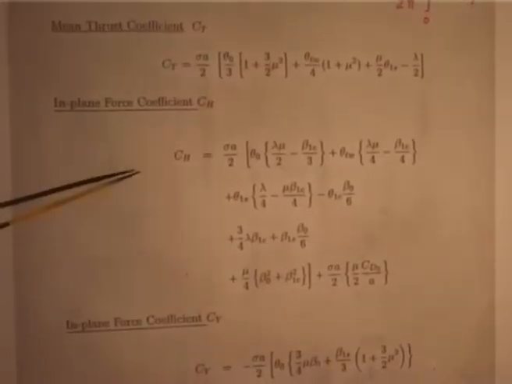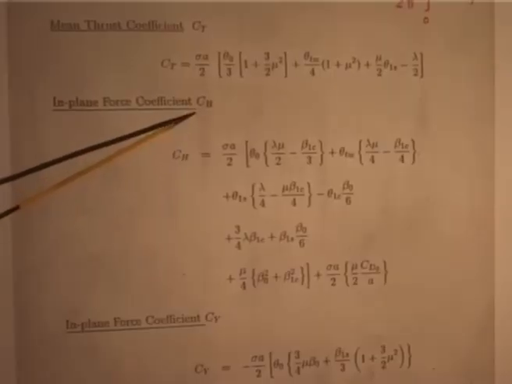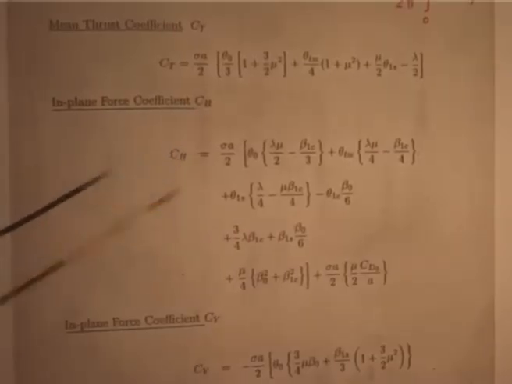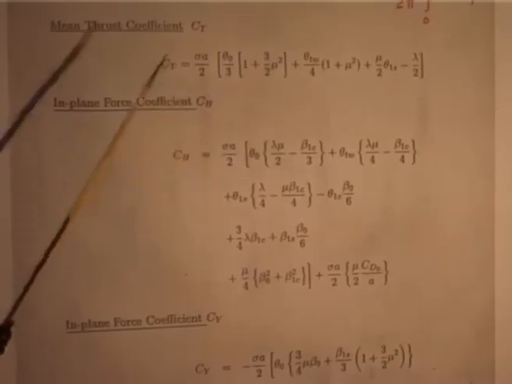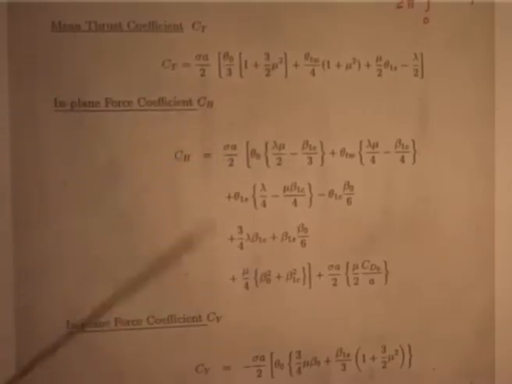And then this is my in plane force coefficient, in the longitudinal direction, CH. If you look here, sigma a is the lift curve slope, sigma contains the number of blades, that is the lock number.